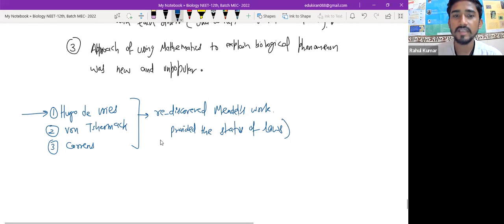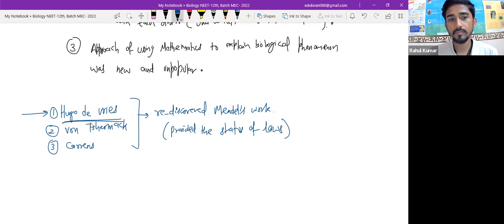these laws were not exactly given by Mendel. It was when this work was later found out independently, and specifically Hugo de Vries is the most important person who raised the work to the status of laws. So who gave Mendel's laws? If this is the question, and if Mendel is not in the options, don't get confused, because Mendel did the work.